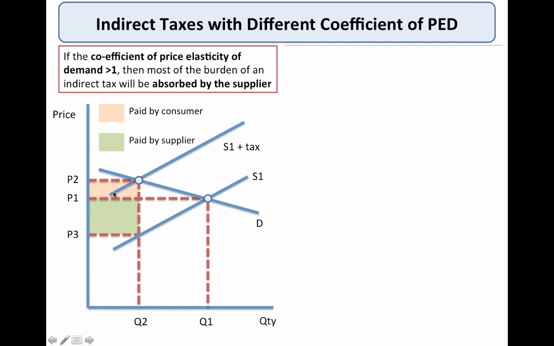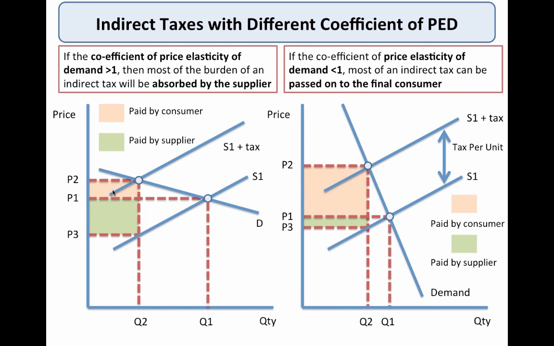What that means is the consumer pays the orange bit. They pay the higher price. But the producer, because demand is elastic, they have to absorb the tax in the form of lower profits, lower revenues. The government will get the tax. Orange plus the green area is the total tax.